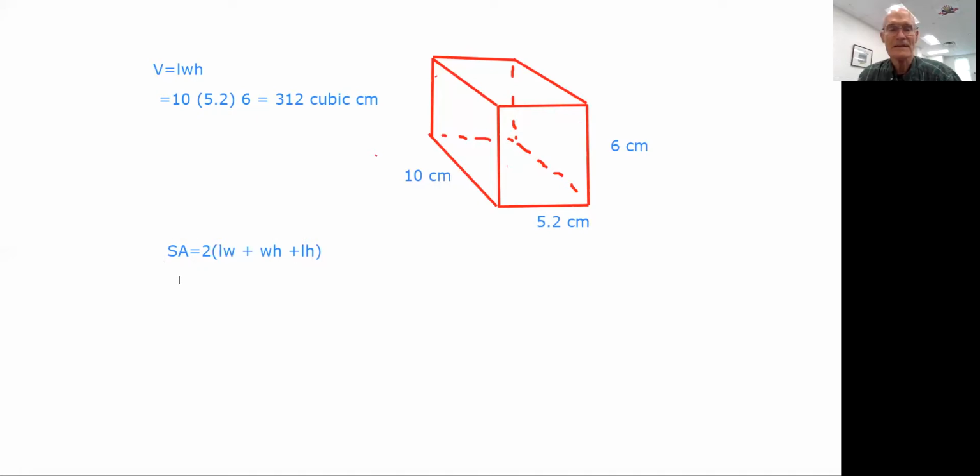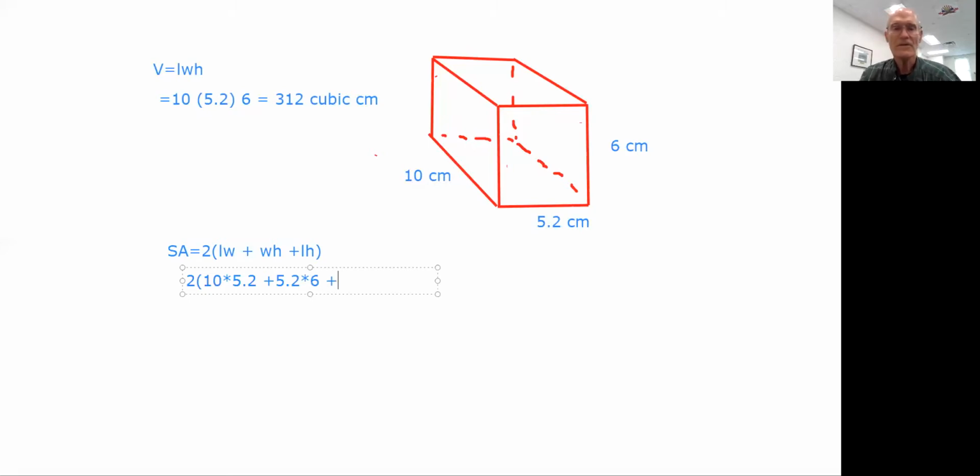So once again, I come back in, I put in 2, okay, I have parentheses. L is 10 times, that's going to be my times button, 10 times 5.2 plus my width, which is 5.2, times my height, which is 6.